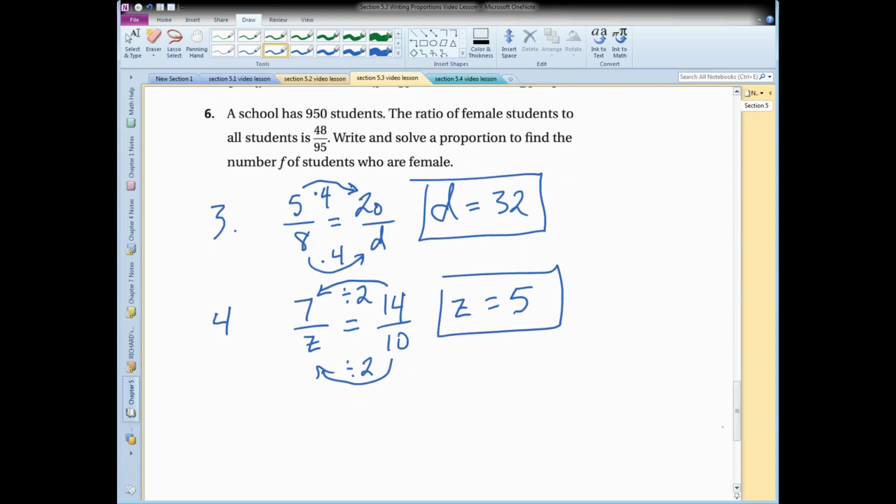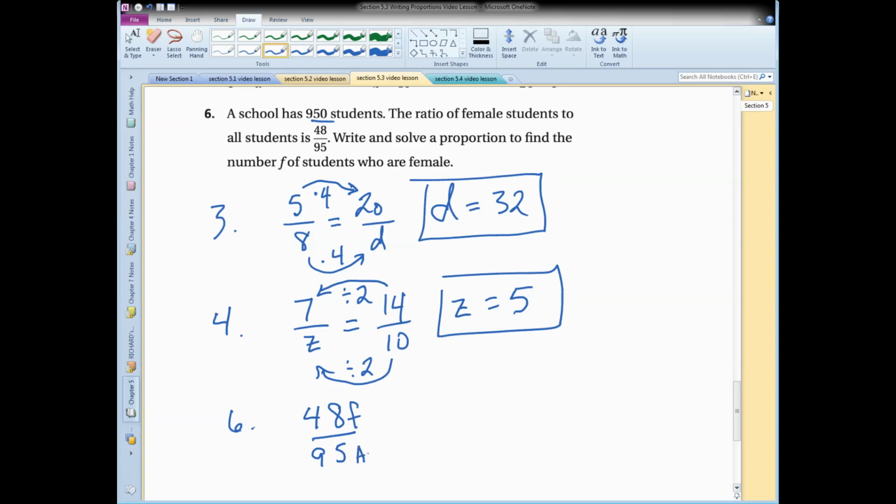And let's look at number 6. So a school has 950 students. That's probably important. The ratio of female students to all students is 48 to 95. So that's probably important information. Here's an important ratio: 48 females to 95, and this is all students.